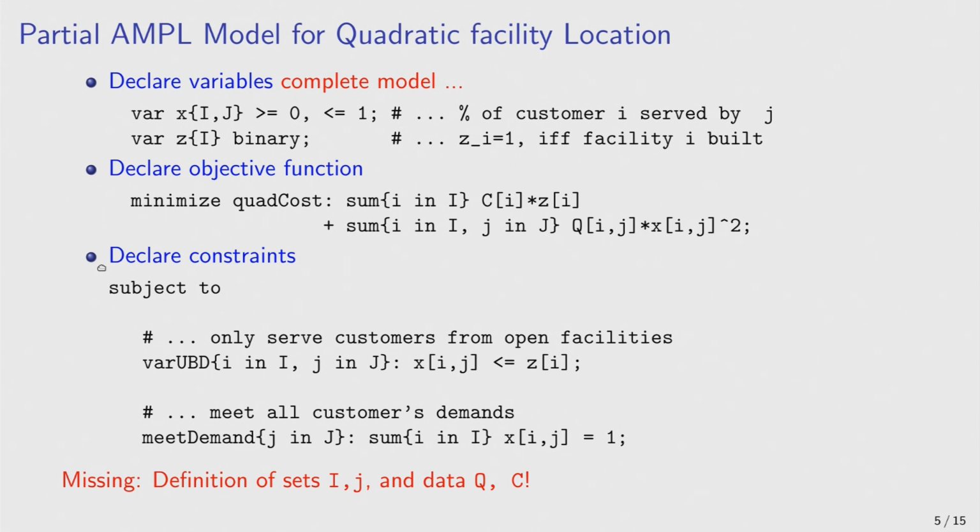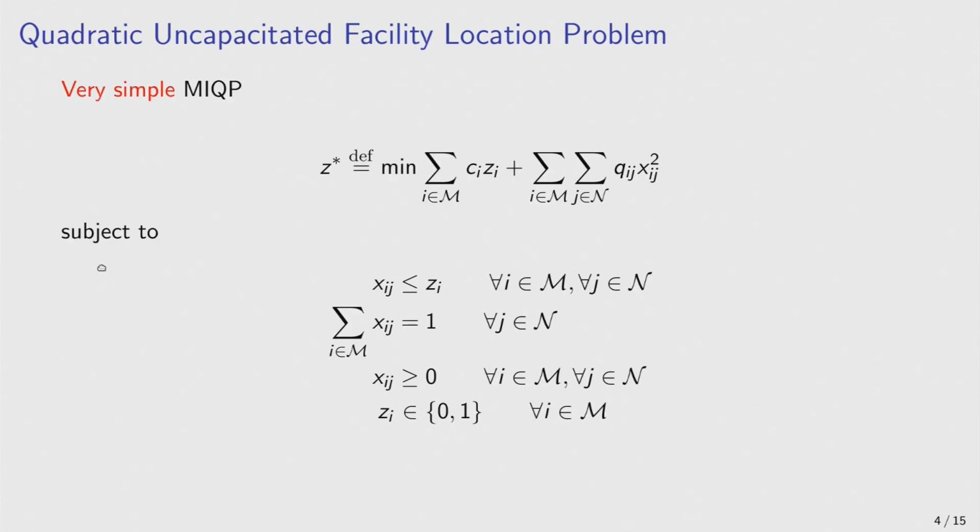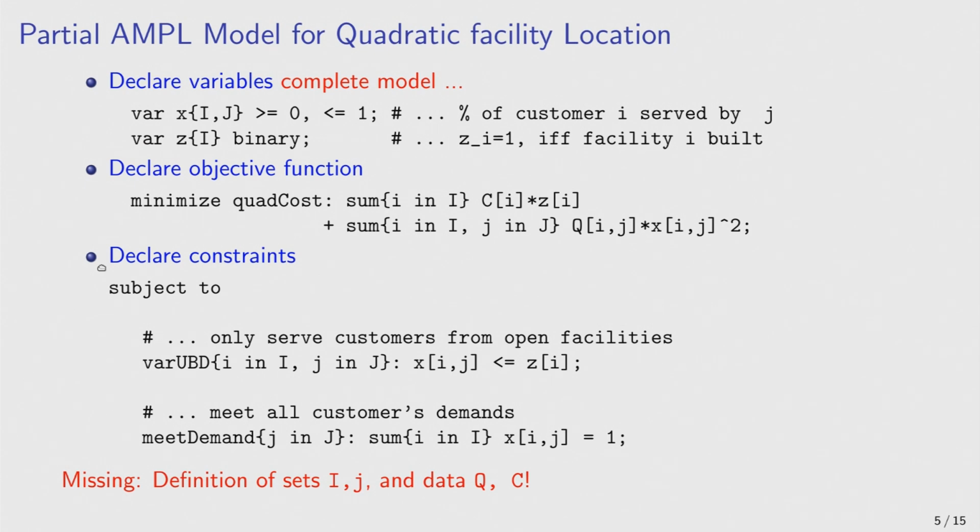So you write this bracket notation for indexing variables. And it's very similar. Look at this sum over I in I. That's very similar to what we had on the previous slide. I had a slightly different one, I had I in M and J in N. So I changed notation on you a little bit, but it has the same flavor, this AMPL model.